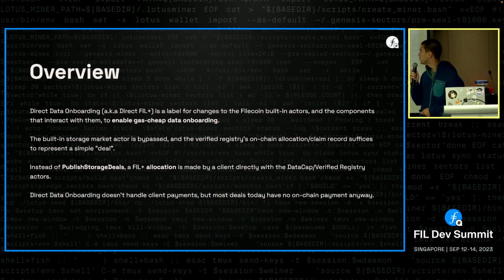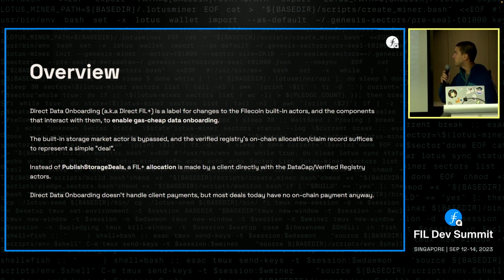Direct data onboarding is a label for changes to the built-in actors and the components that interact with them, which enable gas-cheap data onboarding. You no longer need to be sending PublishStorageDeals messages as an SP to onboard data, but rather a Fil+ allocation is made by the client directly with the datacap and verified registry actors.